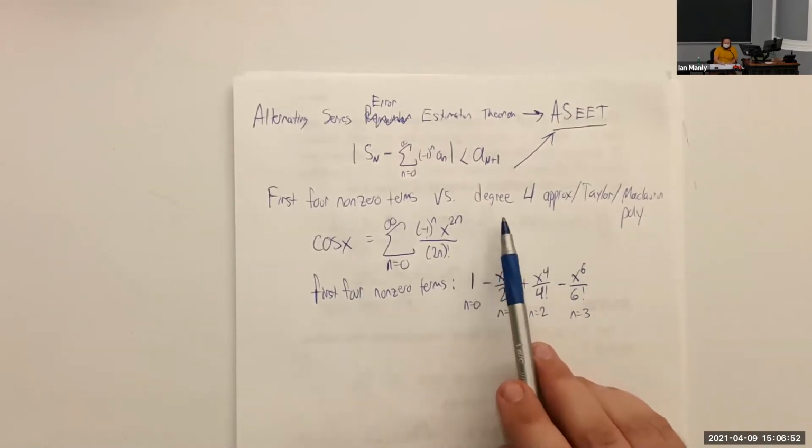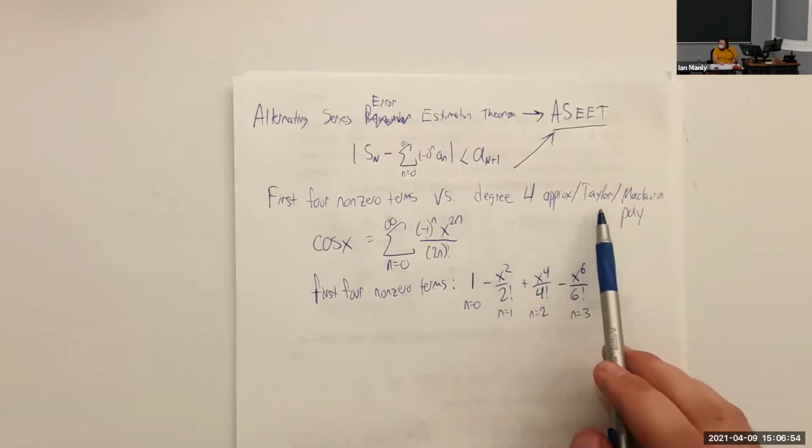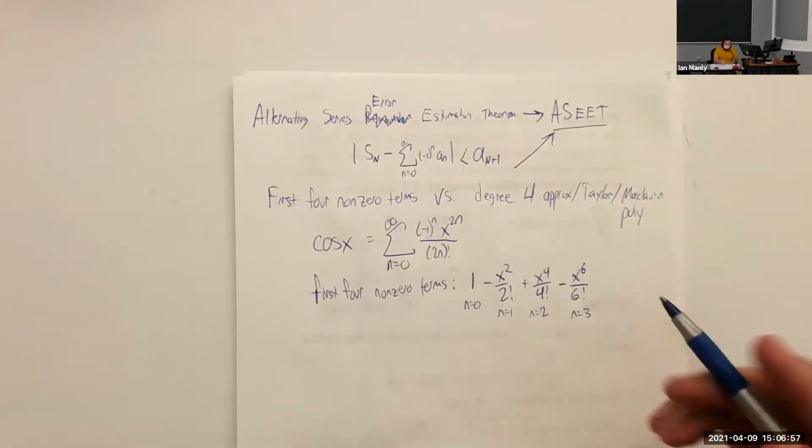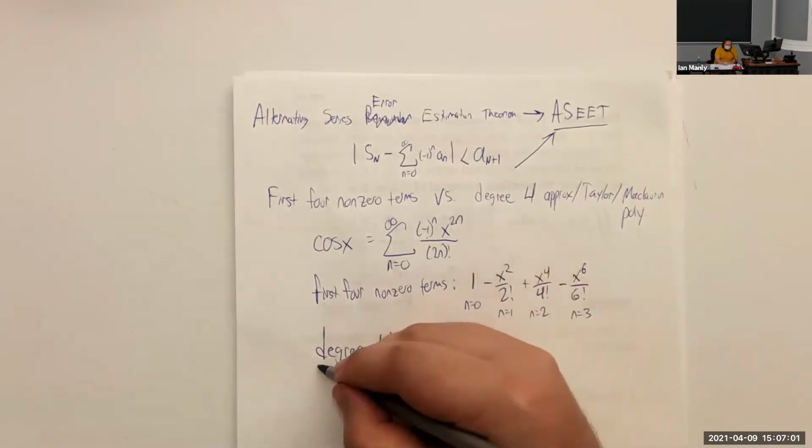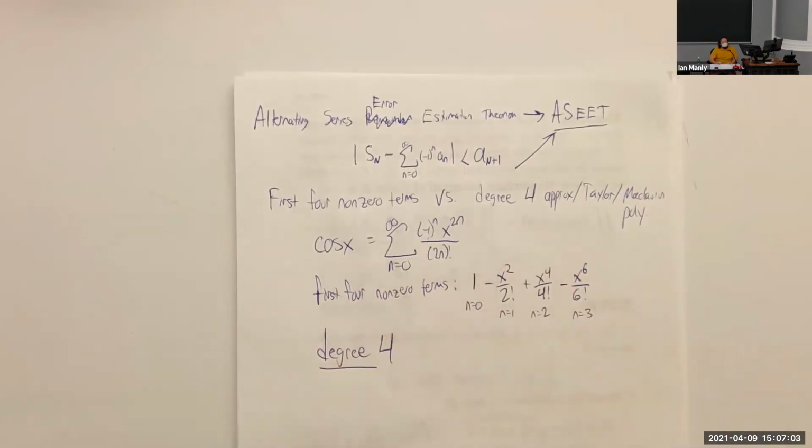Now let's say we wanted to do a degree 4 approximation for cosine. So when I say degree 4, degree literally means the same thing that it does for polynomials. So what does degree mean for polynomials? It means the highest power of x. So that's exactly what it's going to mean here. This means that we keep writing terms, we write as many as we can until we get to x to this power.